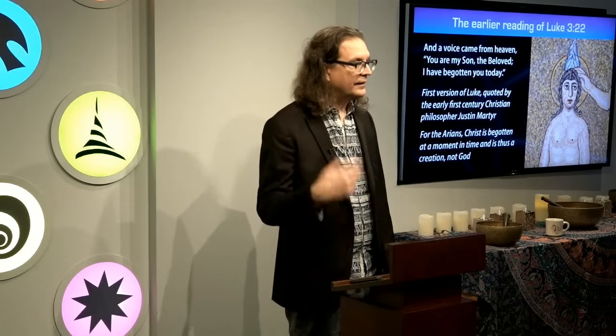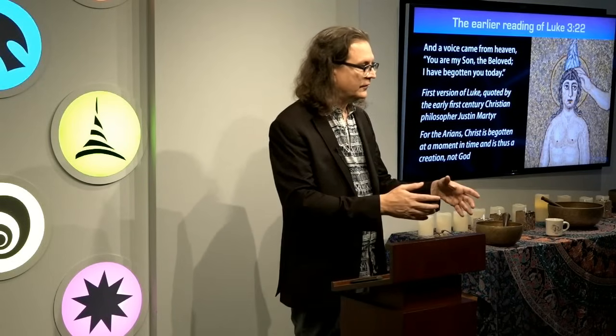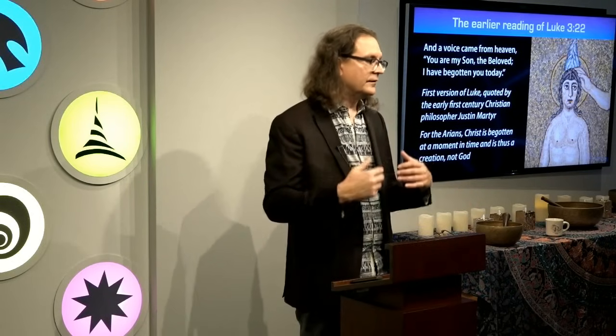So it's not like there was an earlier reading of the Gospel of Luke that totally works for the Arians. Nevertheless, neither one of these conceptions, Arianism nor Nicene Trinitarianism, existed in the first century. And so the gospel writers are not Nicene theologians, and they are not Arian theologians, and they say a bunch of stuff that you can use to argue for either position, which is one of the reasons why Christians did argue about it for 5 or 6 centuries, and now they do it again in modern times.